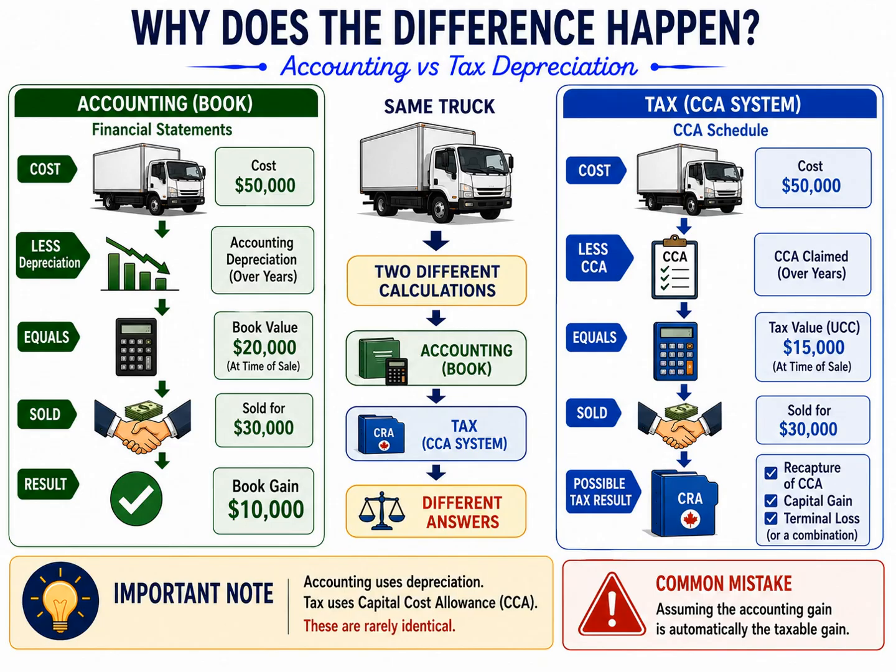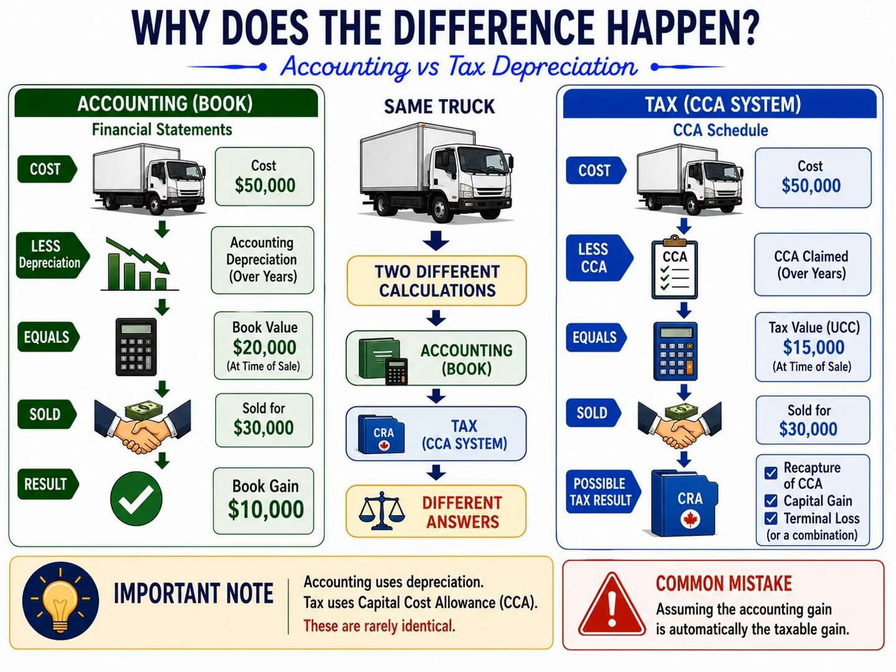Accounting depreciation is designed to fairly allocate the cost of an asset over its useful life for financial reporting. Capital Cost Allowance, on the other hand, follows the specific rules of the Income Tax Act and is designed for calculating taxable income. A common mistake made by beginners is assuming that the gain reported in the financial statements is automatically the taxable gain. In practice, that is rarely the case.